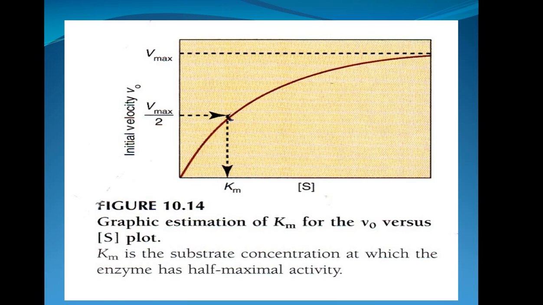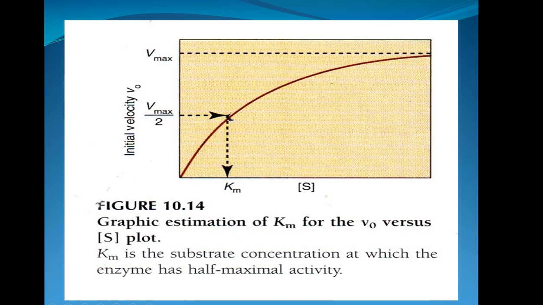To understand the relation between the velocity and the substrate concentration, there is a constant proposed by scientists called Michaelis and Menten. They have given a constant called Km. Km means Michaelis-Menten constant. In this graph you can see Km here, and the respective value on the y-axis is called half the Vmax.